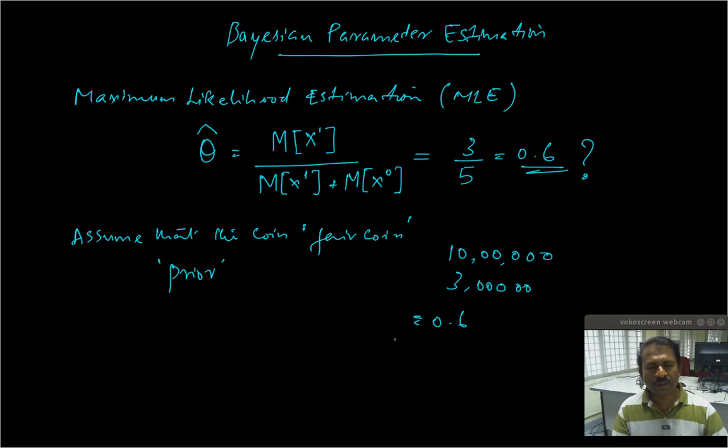We have conducted the experiment enough number of times, and we have recorded the outcomes, and we got that this is around 3 lakhs. So would you agree with this statement, whether it is a fair coin or a bent coin?